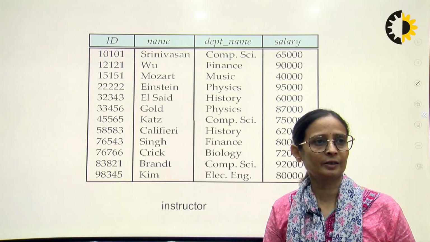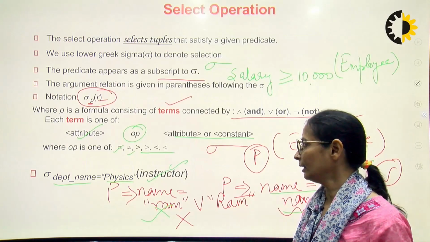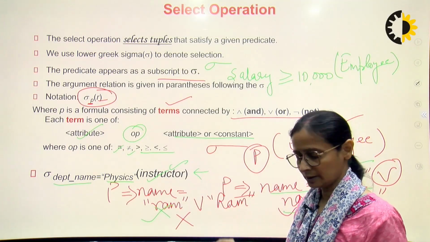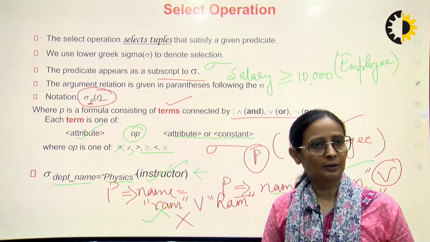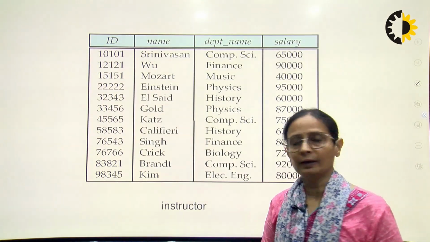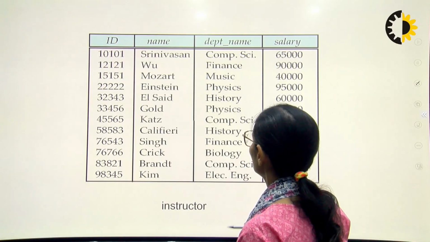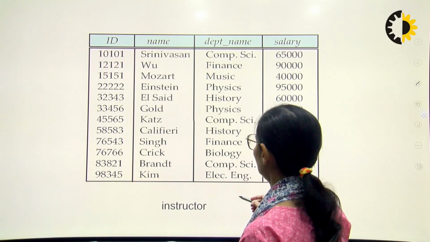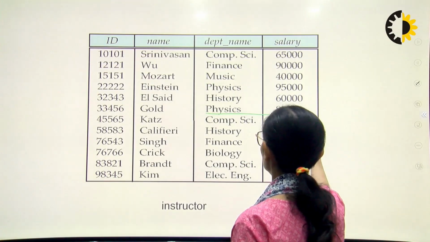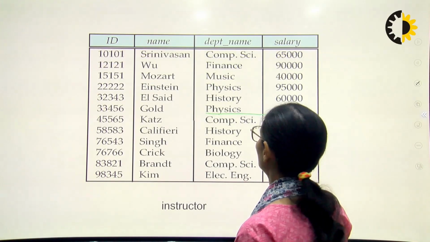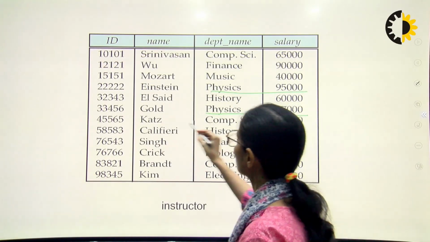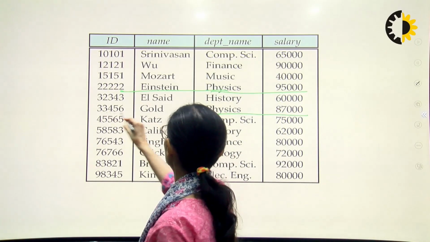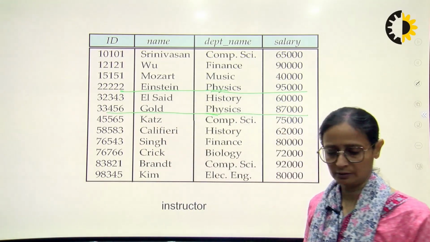Here it is the instructor table. When I run this particular select operation, then all the faculty who are working in physics will be shown in the result. Only these entries will be shown in the result.